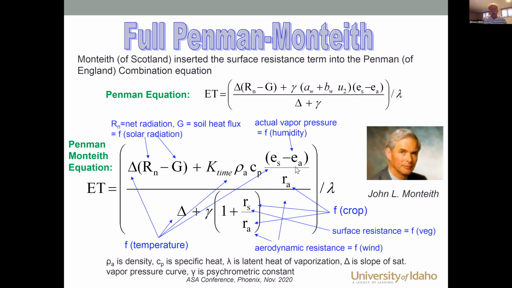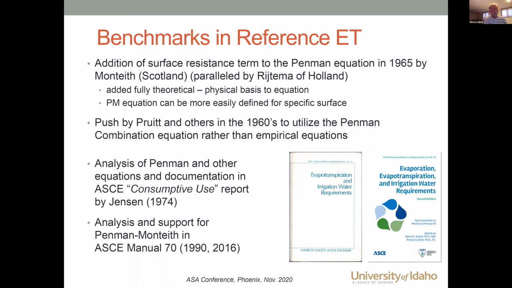So this tells us something about the dryness of the air, especially when we look at the difference between the saturation vapor pressure and the actual vapor pressure, which is called the vapor pressure deficit. The larger this is, the thirstier the air is, and then coupled with wind speed, that estimates the value of the aerodynamic resistance. That tells us just how much drying power the air has above the surface.